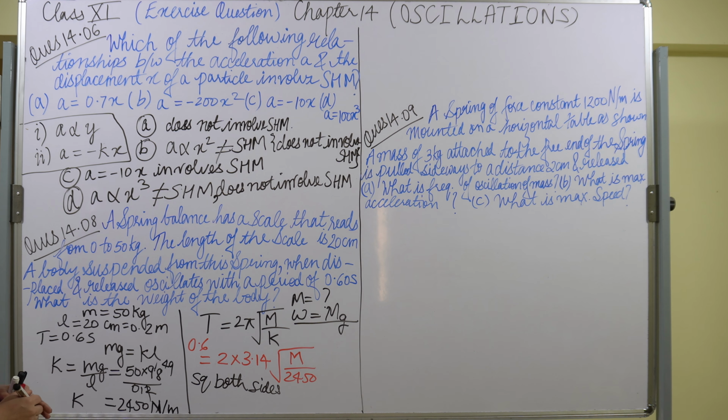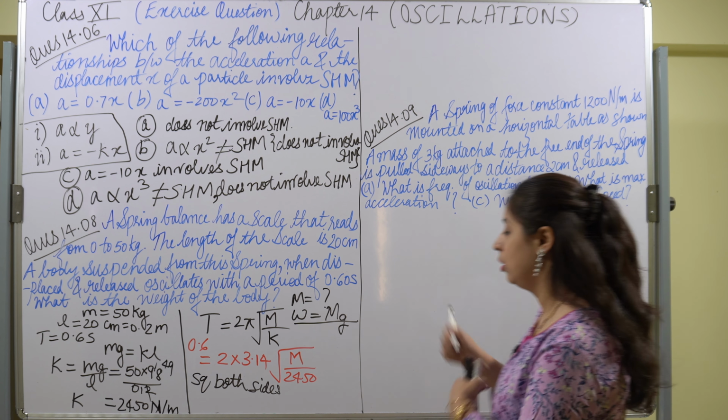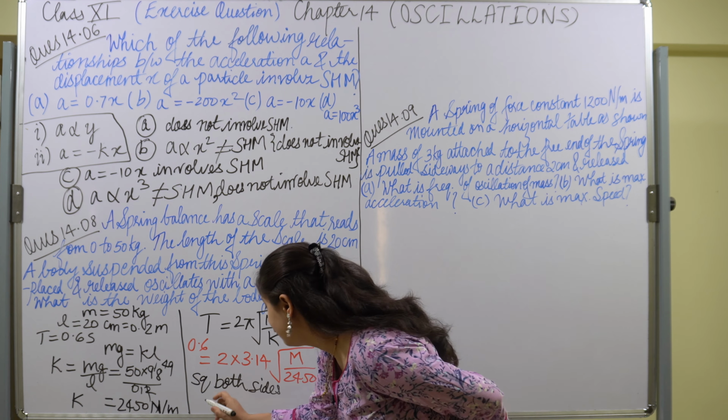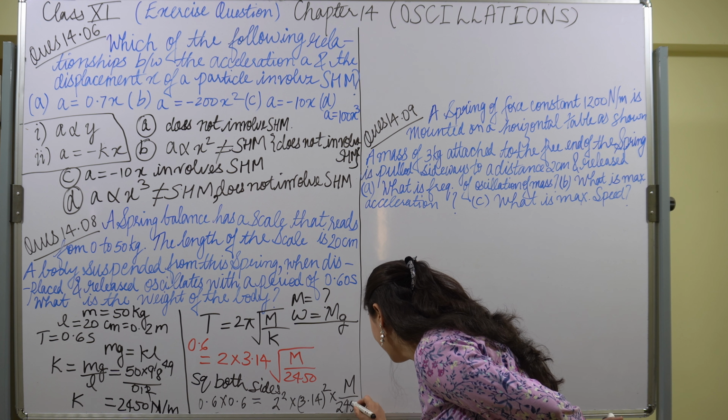Squaring both sides, we are left with 0.6 into 0.6 equals 2 square into 3.14 whole square into m upon 2450.